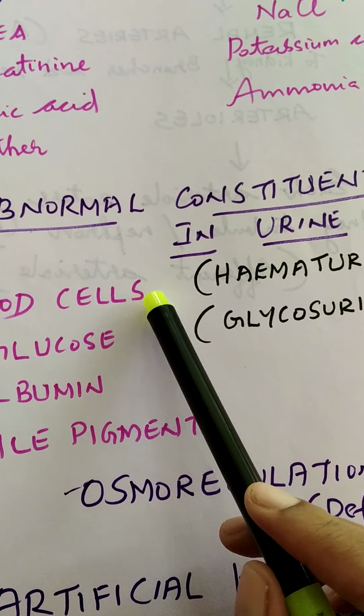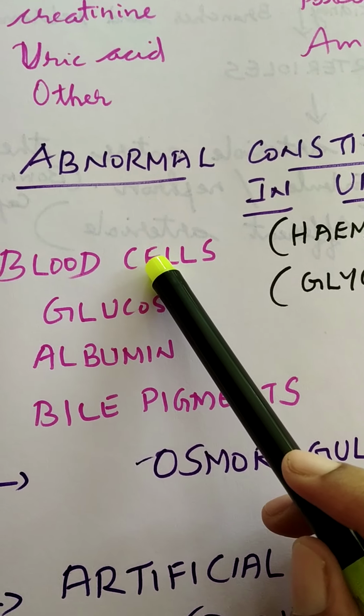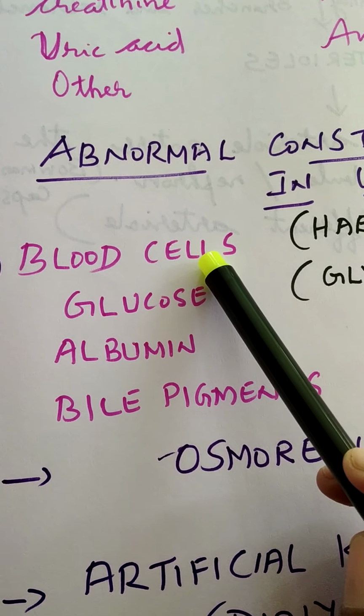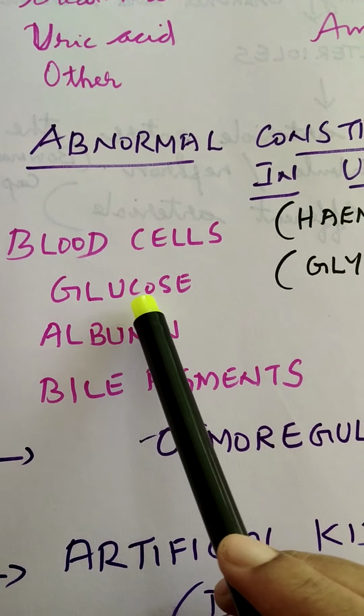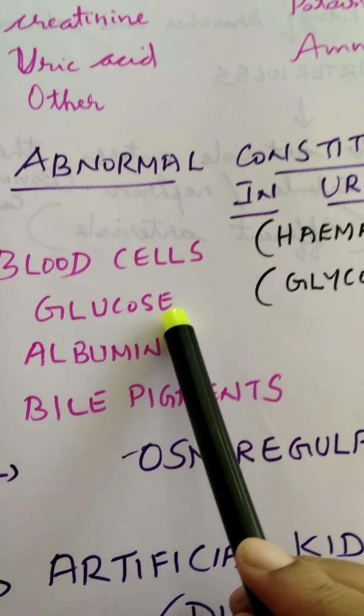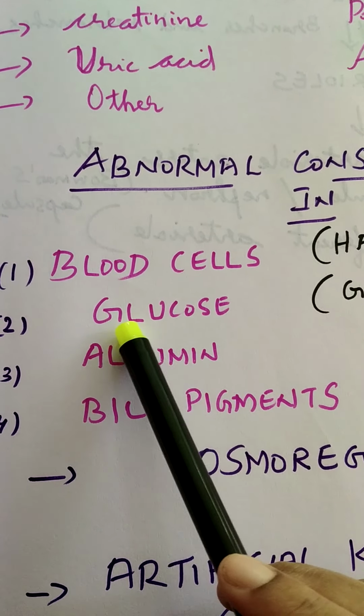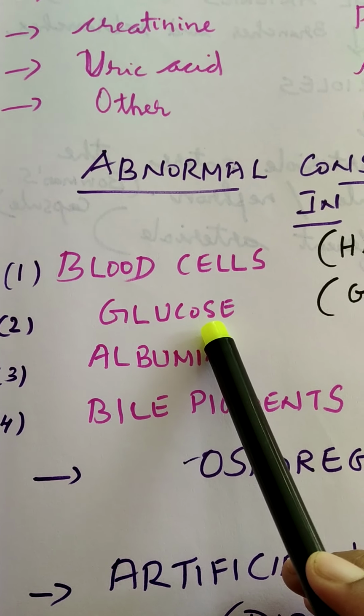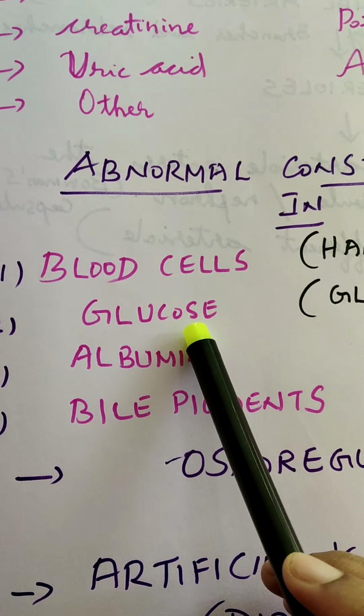And this may be mainly due to the kidney stones or some tumors in the urinary tract. Next comes glucose or sugar. So this is observed in case of diabetic patients, especially diabetes mellitus, which we also call sugar diabetes.